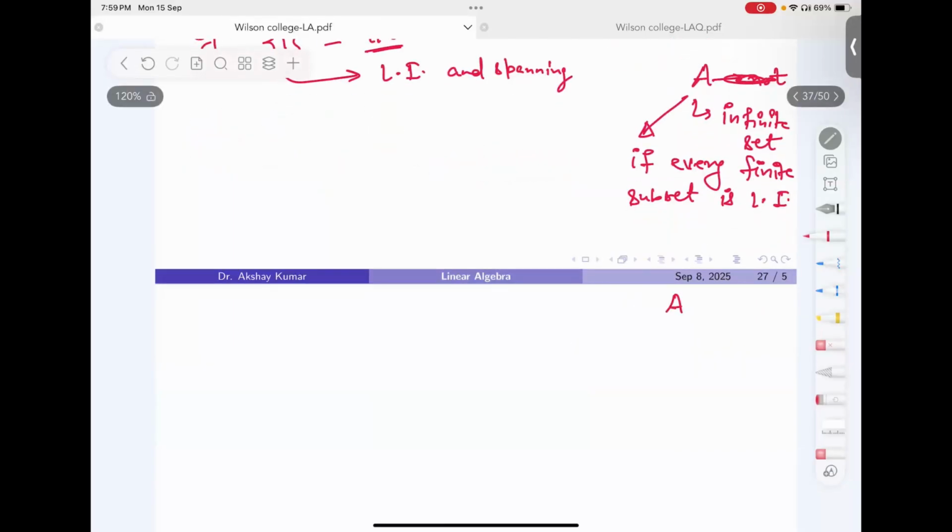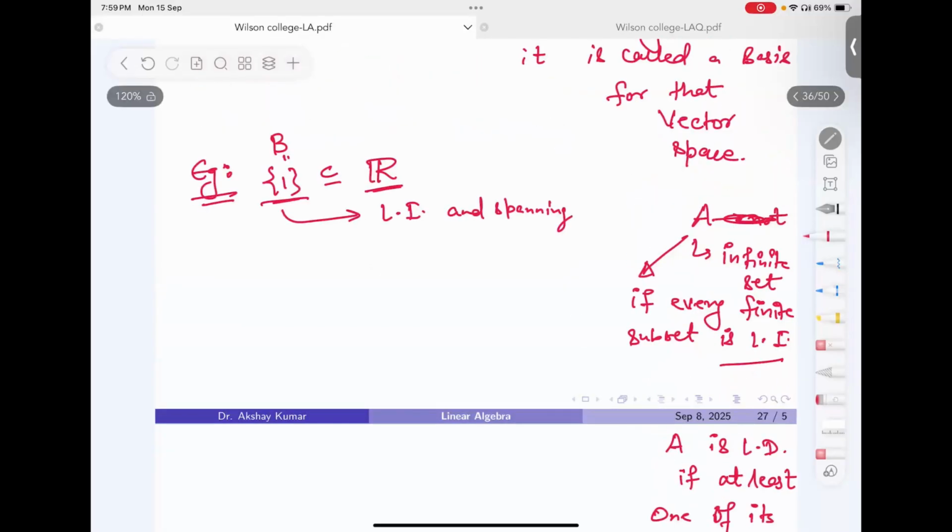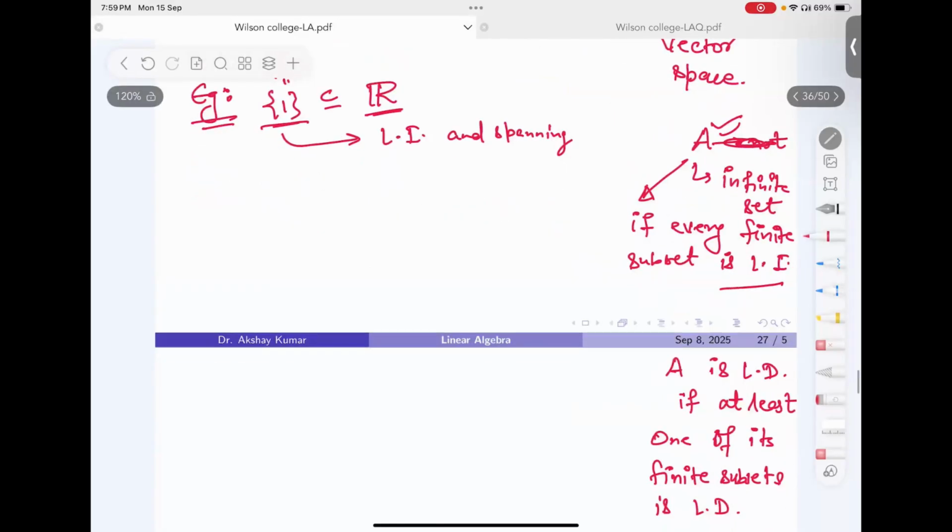And conversely, A is linearly dependent if at least one of its finite subsets is linearly dependent. If all finite subsets are linearly independent, then we call this set linearly independent. If any one of them is linearly dependent, then we call this set linearly dependent.